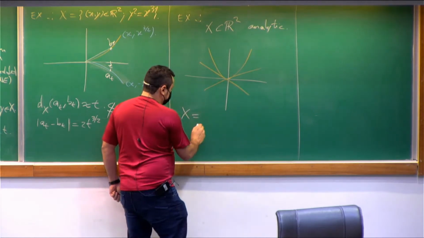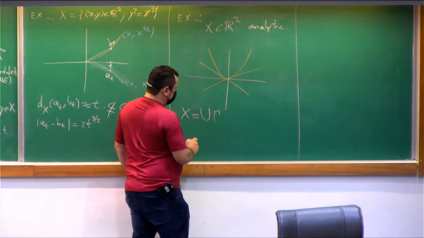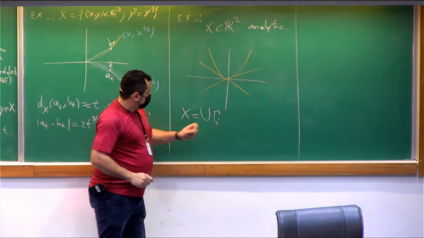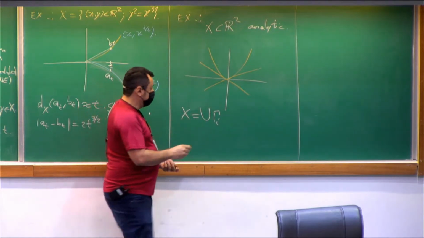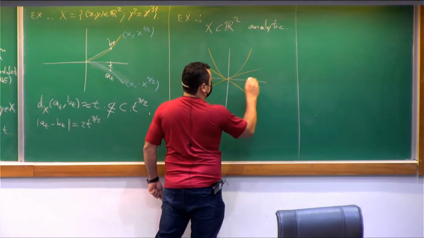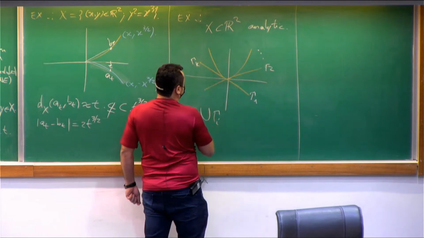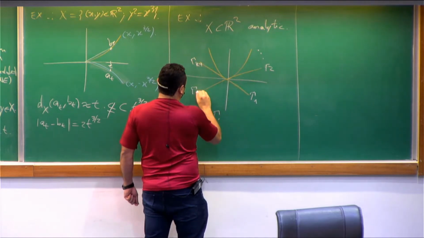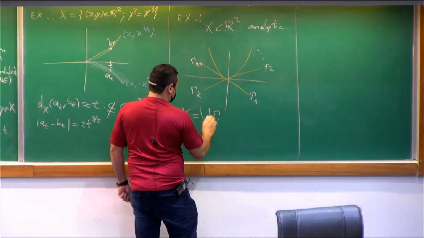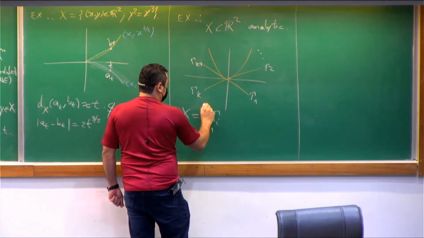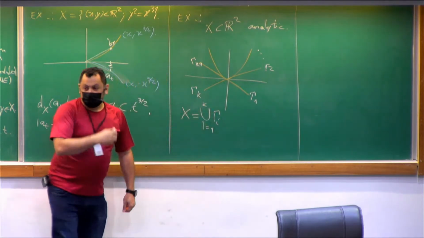X is the union of half branches gamma 1, gamma 2, up to gamma k, for example: k half branches.